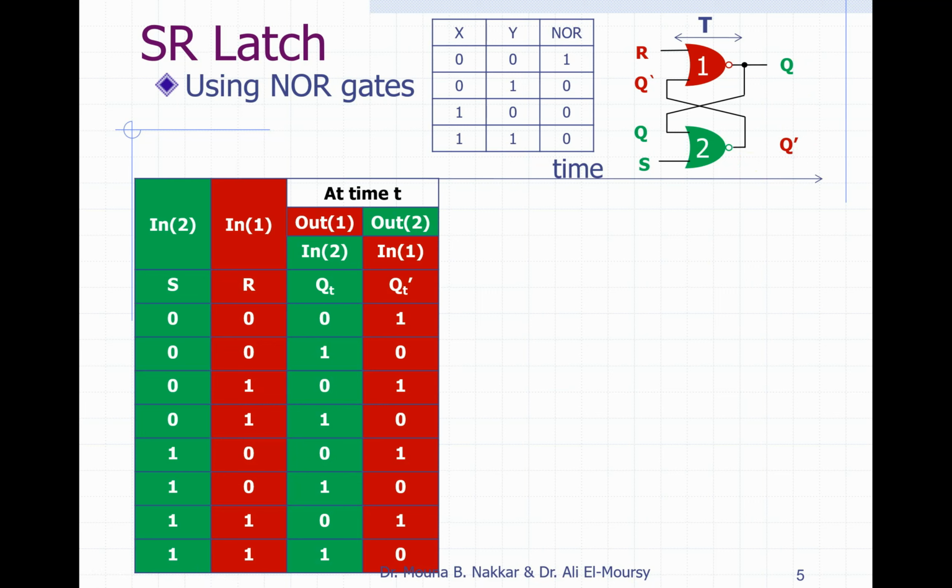In sequential circuits, what you see on the circuit as an output, which is Q and Q bar, is usually connected to the feedback as an input, or internal input. During your analysis it is actually an input, not an output.